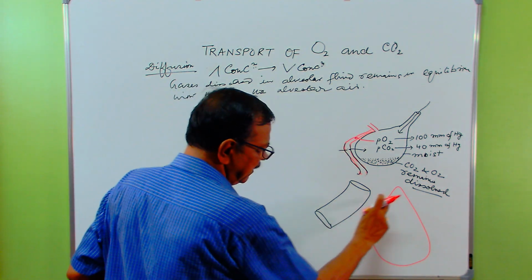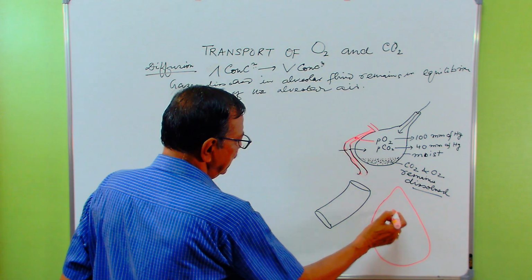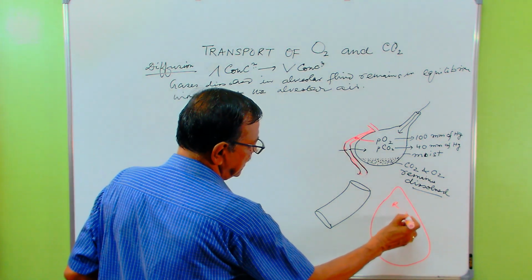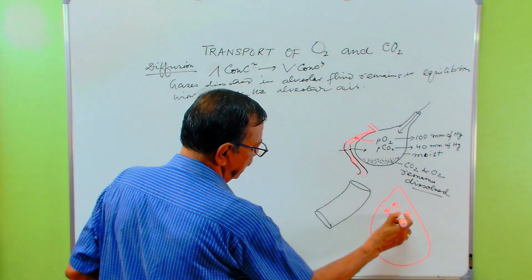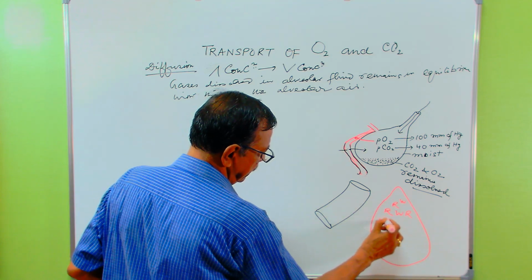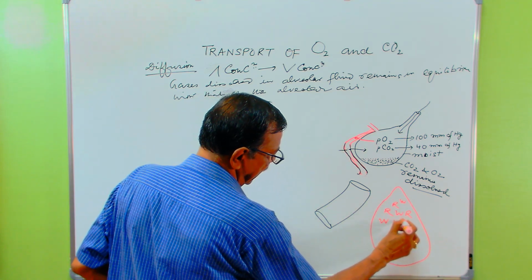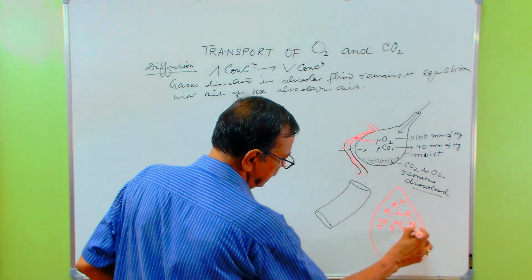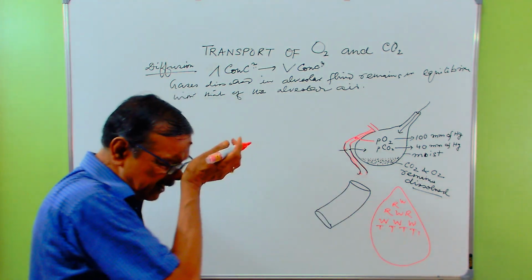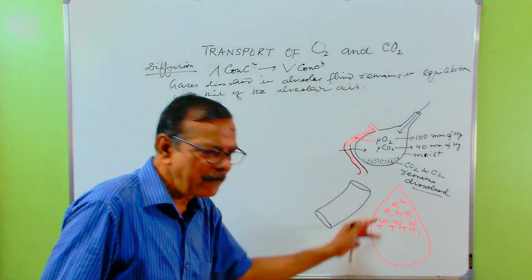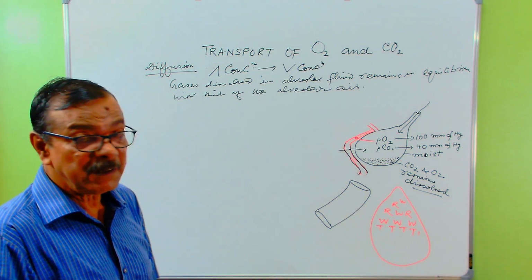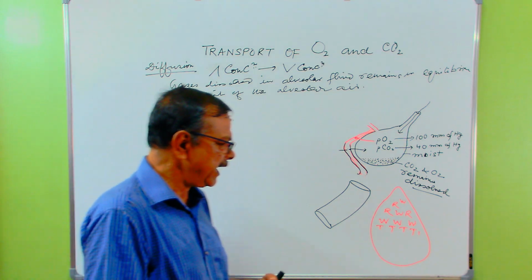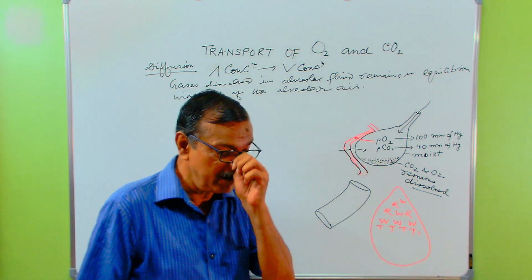There you will see that this is a drop of blood. Here RBCs are there, WBCs are there, and platelets or thrombocytes are there. They remain within the plasma. Plasma is 55%, and I told you there that this is the hematocrit value.